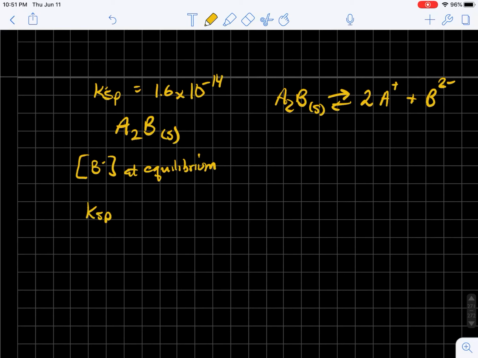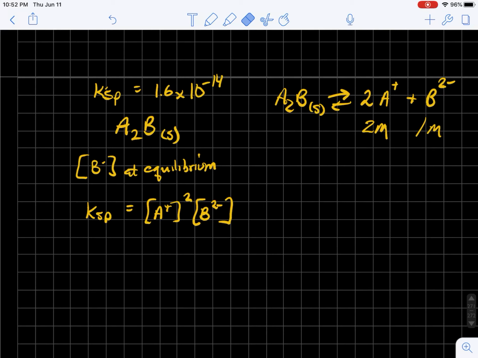All right, so if we write a Ksp for this, we would say that Ksp is equal to A plus squared times B negative 2 charge. Okay. Well, how much of this dissolves? Let's say 1 mole of B2 minus is created. How many moles of A plus would be created? Well, twice as much, 2 moles, right?